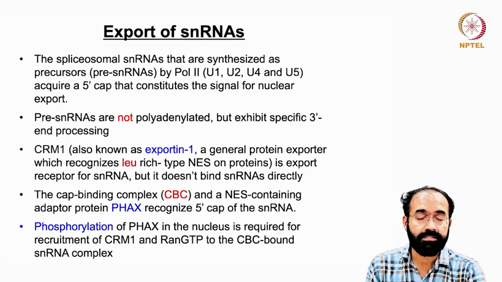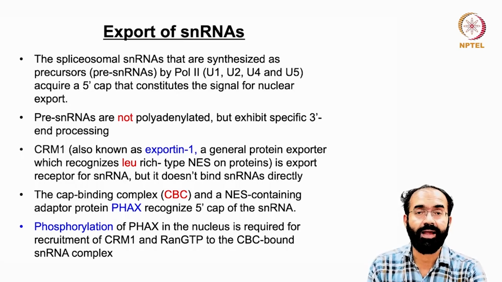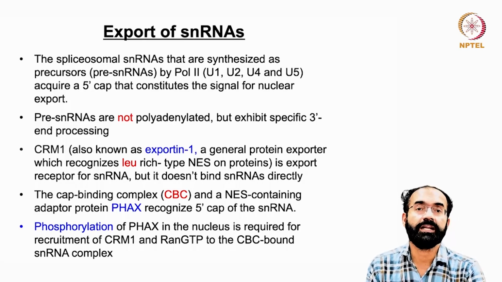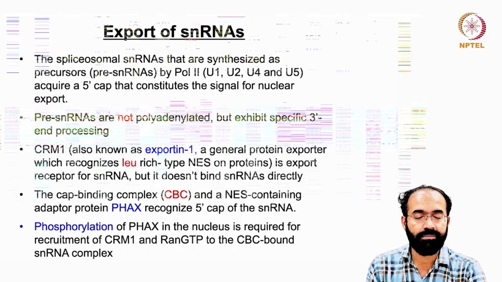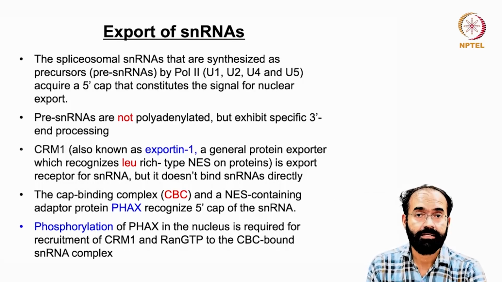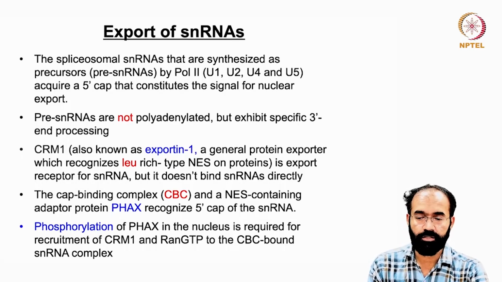So the phosphorylation of PHAX is helpful for the recruitment of CRM1 and the RAN-GTPase. We know the RAN-GTPase cycle by now, and it acts on the CBC bound snRNA complex. So the snRNA, when bound with the CBC, can be pushed into the cytoplasm.